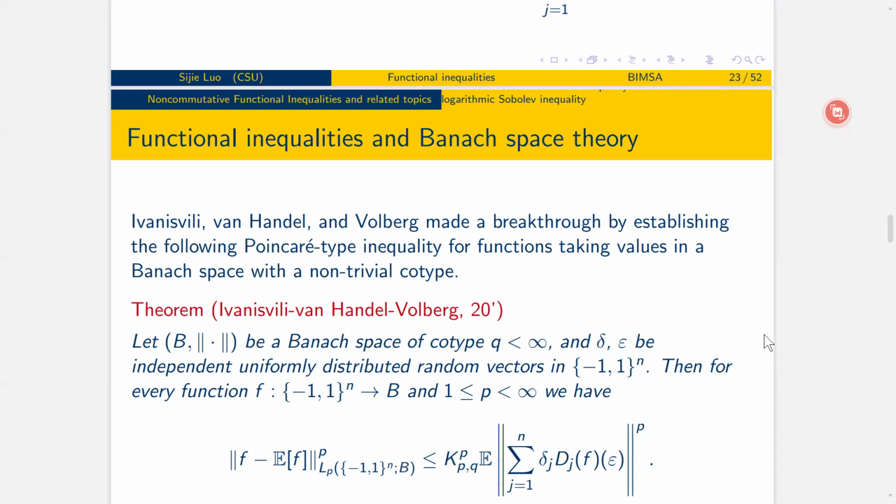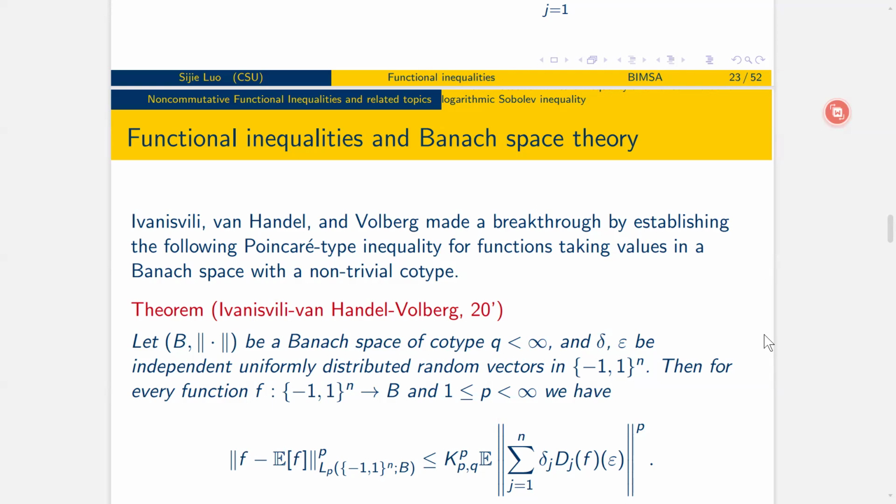Why? Because when the space B here becomes R or C, we can use the Khintchine inequality to get the gradient of f in LP norm, right? But when B is a general Banach space with non-trivial cotype, the only right way to state the Poincare inequality is as follows.